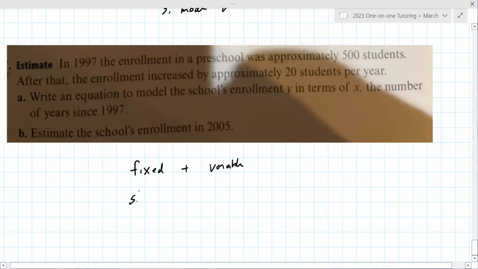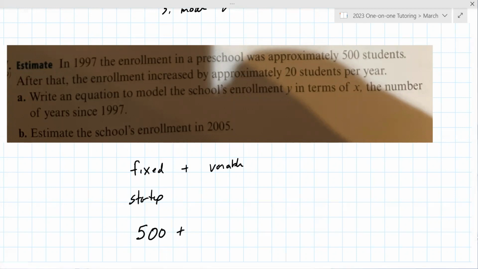Fixed is what you're starting at. What are you starting at in this problem? How many students? 500. Good. And then the variable is the number of students that are either growing or decreasing. So in this case, 20x.